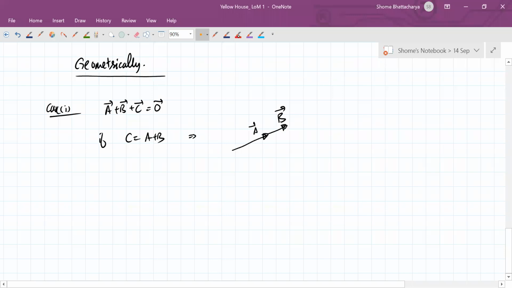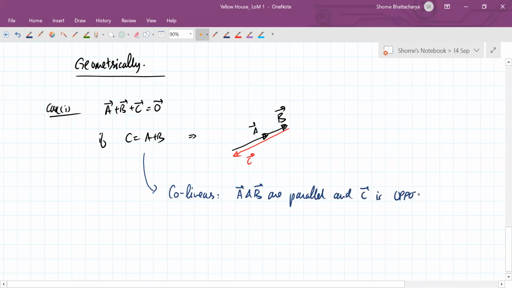Then C must be a vector like this. If this is the case, then they must be collinear. That is, A and B are parallel and C is opposite to them, and magnitude of C is equal to A plus B. This is the condition for the resultant to become 0.